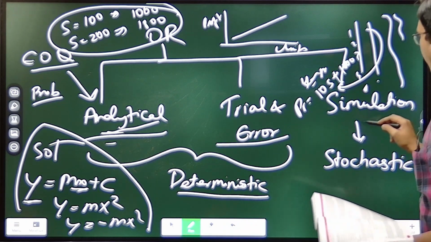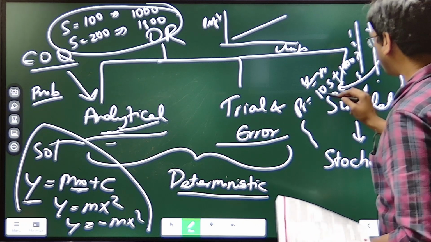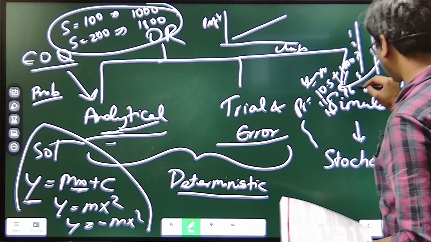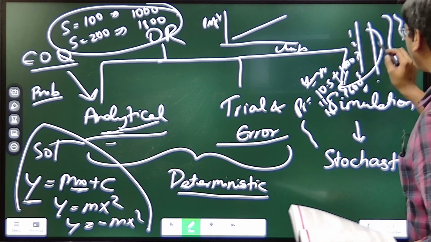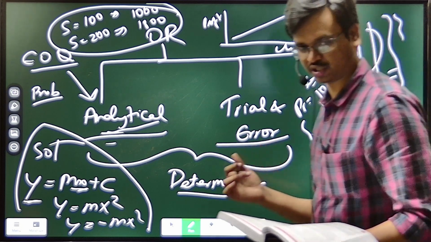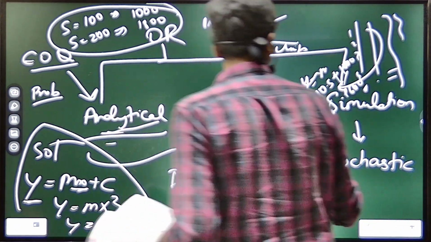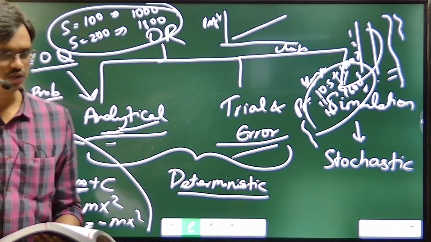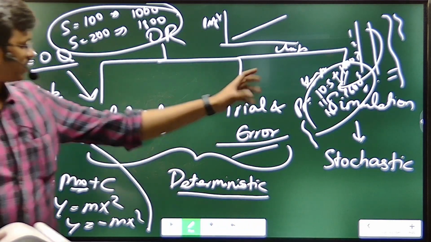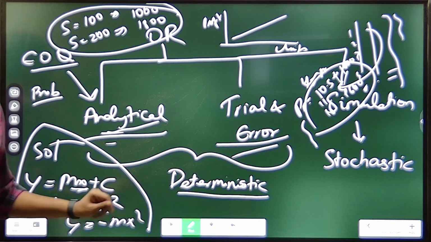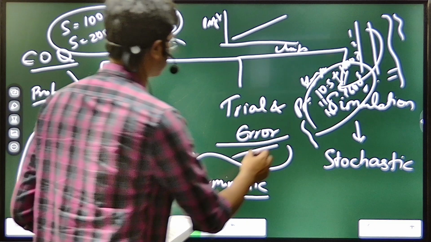After you keep changing, then you do 11s, then 15s, then plus 600. At some level, you will get a very close relation. That kind of method is trial and error. You keep substituting the values and you get to some solution, which is again a deterministic solution.